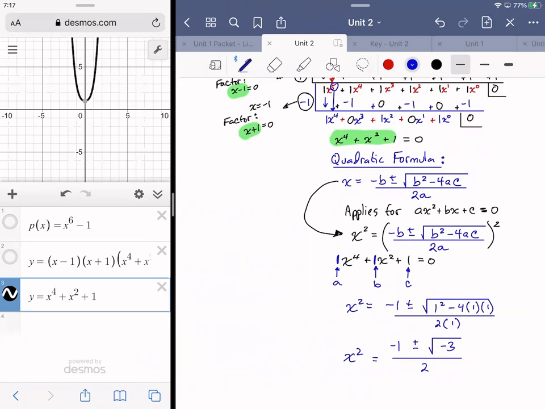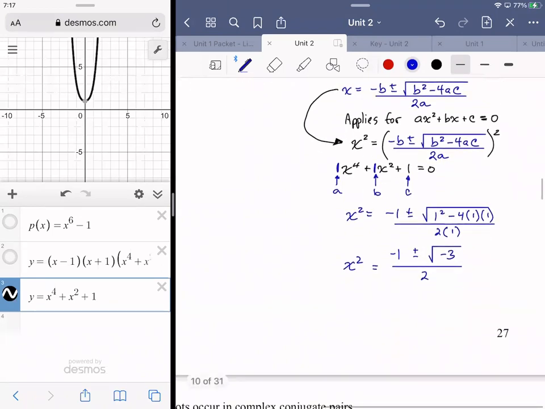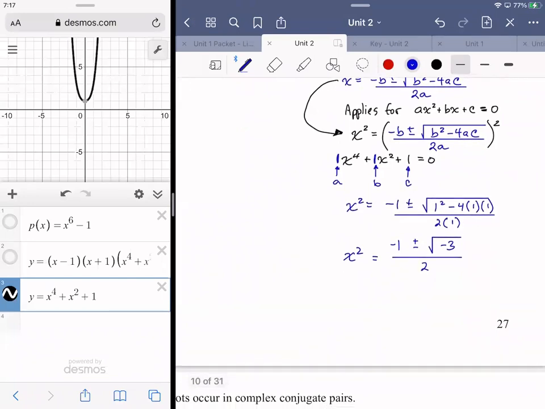We can clean this up a little bit. Sorry, I get a cramp here. That radical -3, I'm going to rewrite that. I just got a quick question. Radical -1 and a radical 3.